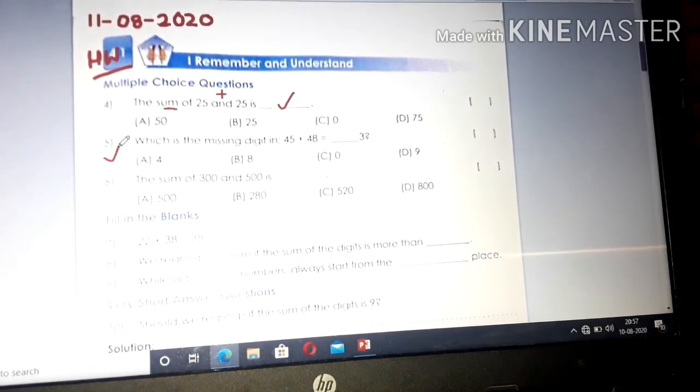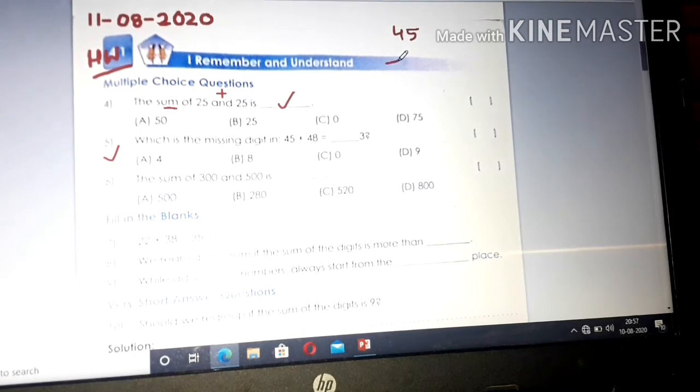Number 5. Which is the missing digit in 45 plus 48 equal to what? The digit 3 is given, isn't it, children? You add 45 with 48. The ones digit is written here. So 8 plus 5 is what? 13.